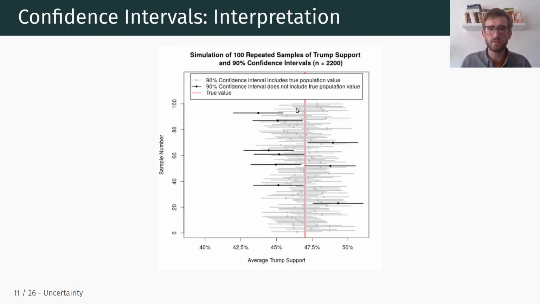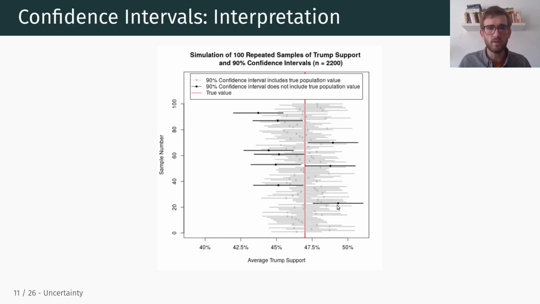So for the 90% confidence interval, what we can say is that around 90% of the confidence intervals will include the true population parameter. Here we have about 100 samples, and counting 1, 2, 3, 4, 5, 6, 7, 8, 9, of our 100, 9 did not include the true population parameter, right?